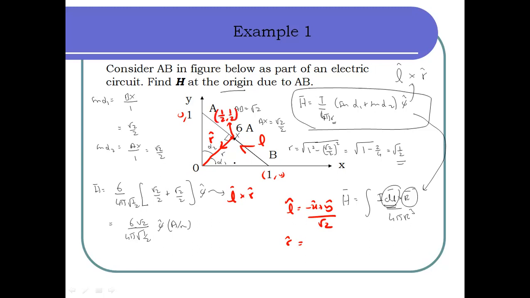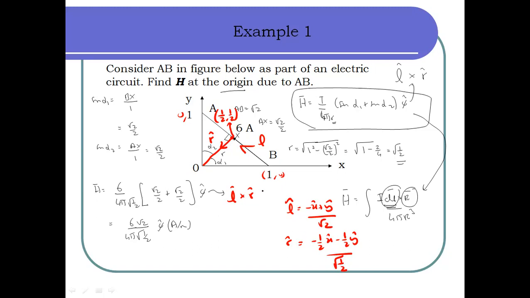From here the vector of R will be negative half of x minus half of y divided by the distance, which we have obtained before, R equals root of half. So that should be our unit vector of R.